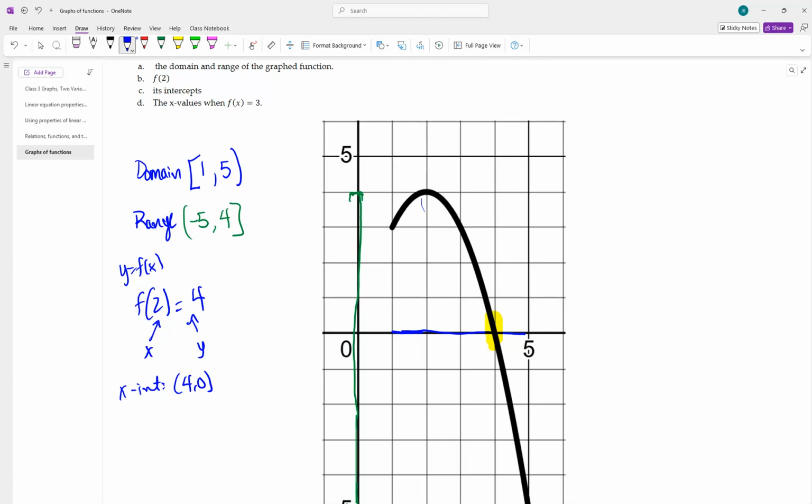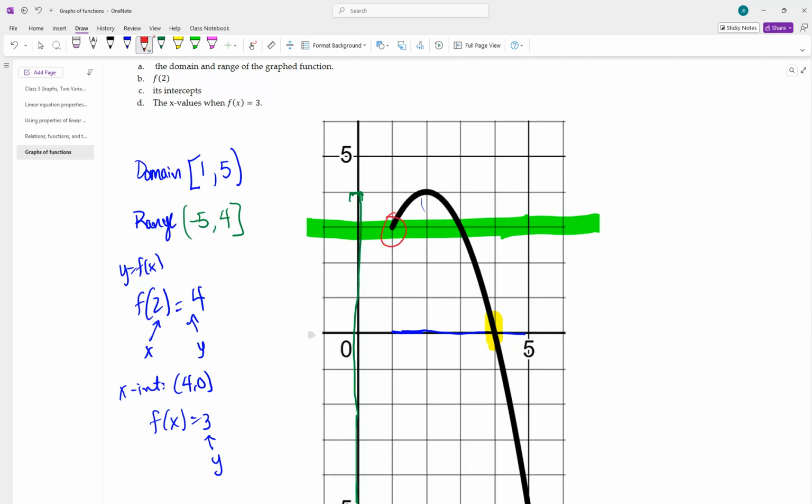And the last one is perhaps one of the most confusing. We want to know the x values when f of x is equal to 3. This 3, again, is a y value, so I'm wondering, when is y 3? So 1, 2, 3, 1, 2, 3, and I'm looking for anything that touches this horizontal line.